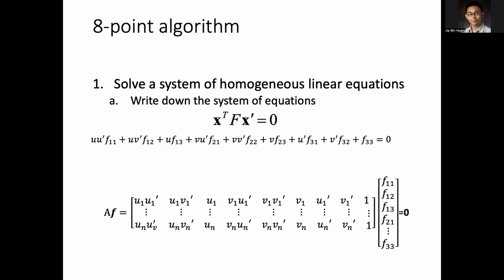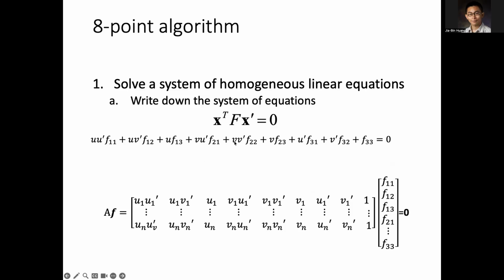In homography, every pair of correspondence is related by the homography, X prime equals H times X, so every pair gives me 2 equations. In that case, I only need 4 pairs to estimate H. But here, I need 8 pairs.